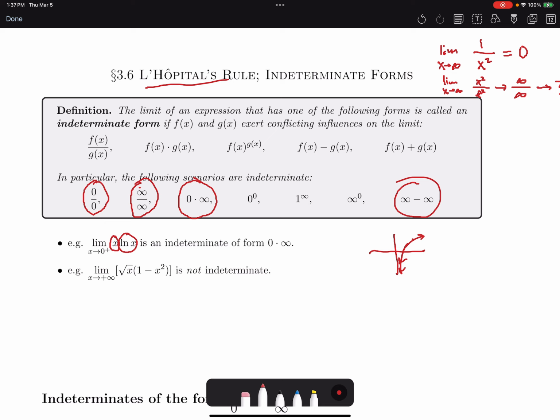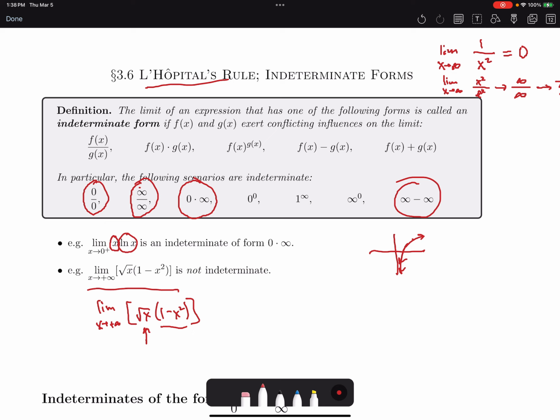On the other hand, something like this second example is not indeterminate at all. The limit as x goes to positive infinity of square root of x times 1 minus x squared. Let's see what this is. This piece is going to go to positive infinity.